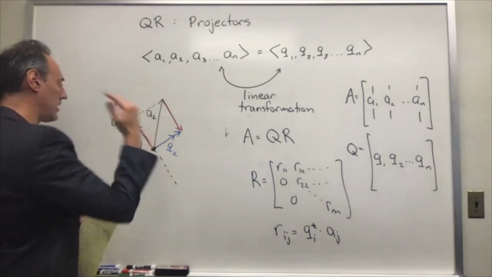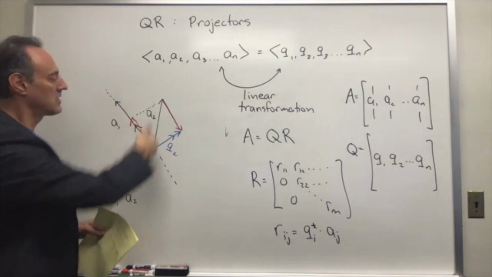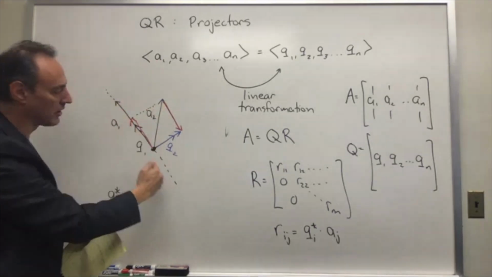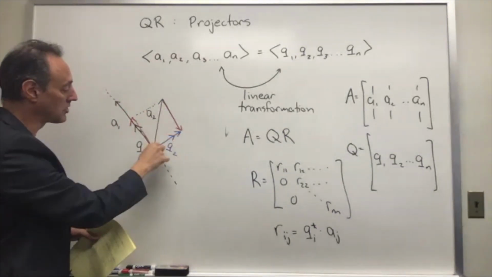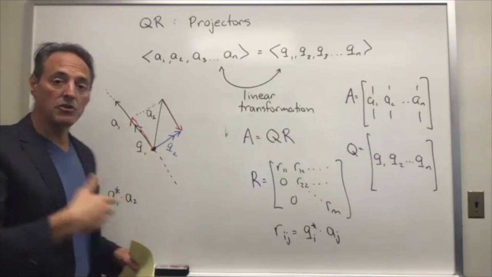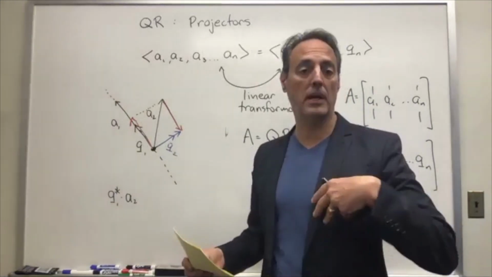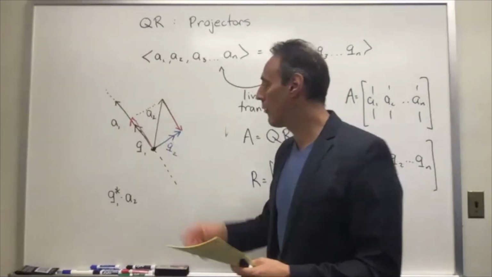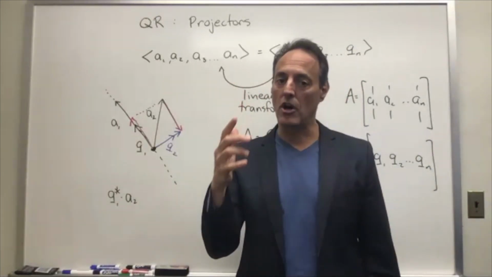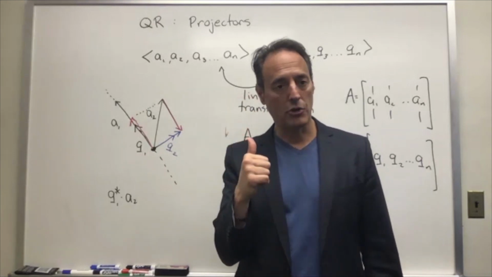You take your first direction, normalize it to unit length, and then since I have the A2 direction, I subtract the projection along the A1 direction to get this vector, which is now orthogonal to the Q1. So now I have these two, and you just continue this process. If you're in three-dimensional space and you want to get Q3, you say, all right, take the A3 vector and subtract its projection onto Q1 and Q2, because then it will be orthogonal to them.